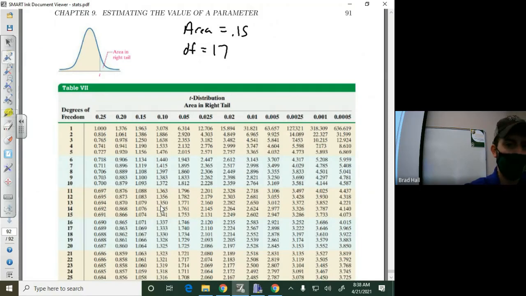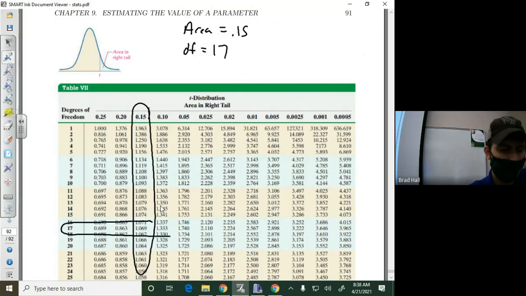Okay, so 0.15 is right here. Degree of freedom, 17. It's 1.069. So 1.069. Let's go ahead and bring that up.